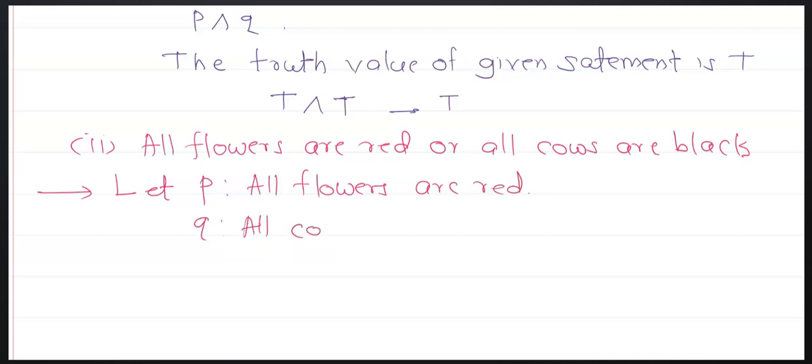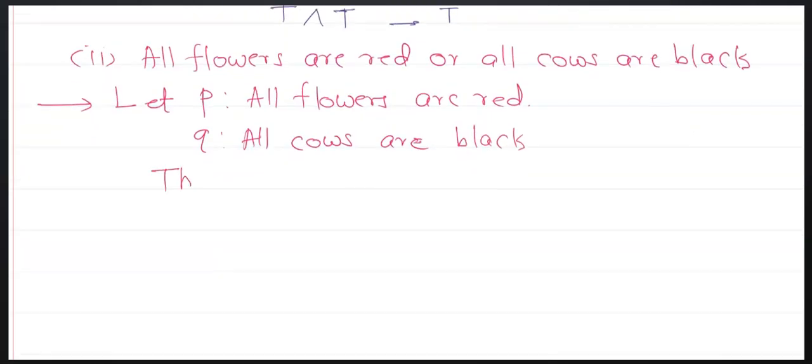Here P is all flowers are red, Q is all cows are black. Both of them are false.